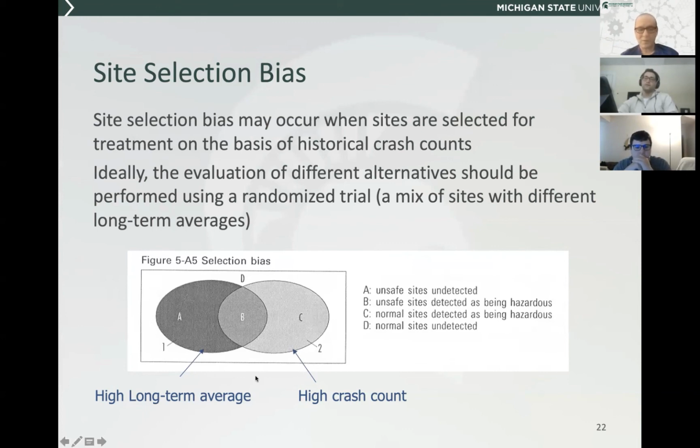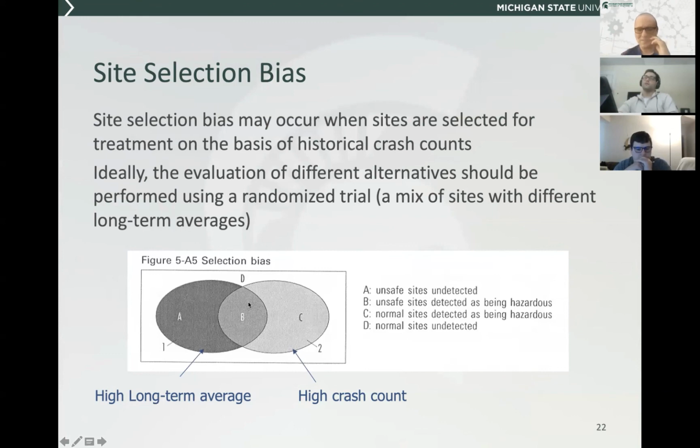But if you just think about it in concept, we've got sites that have high crash counts in a given year or 2-year period. And then we have sites that have a very high long-term experience over 5 or 10 years. And depending upon how long our time period is and the nature of those sites, there's this overlap of those.